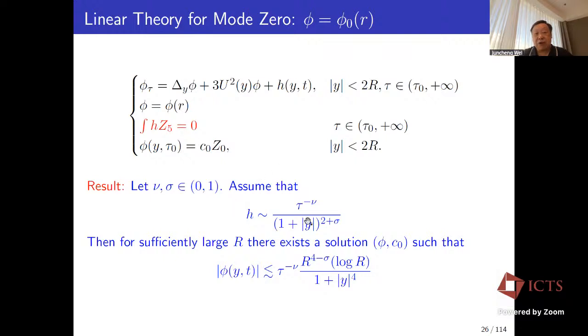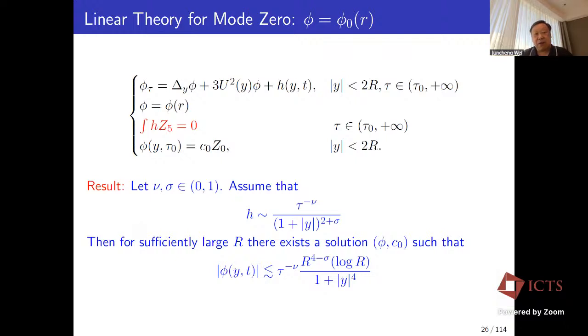We assume now that the error decays in time and decays in space like 2 plus sigma. Then what is our result?